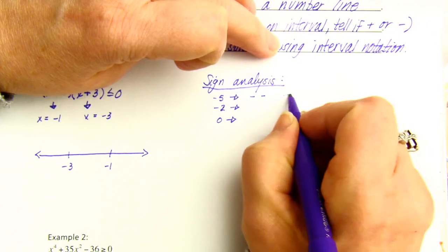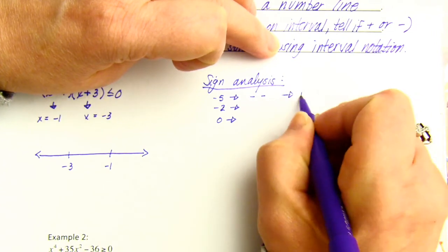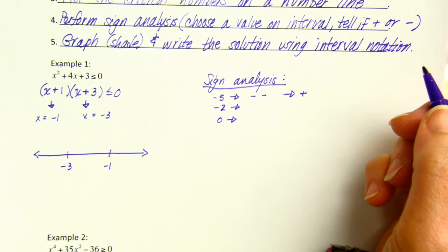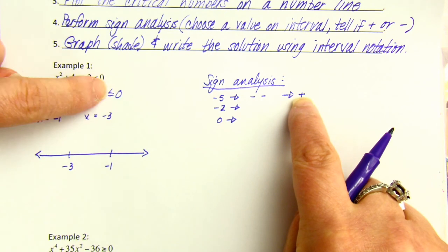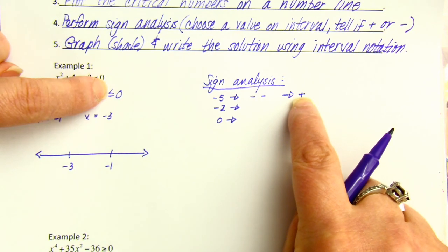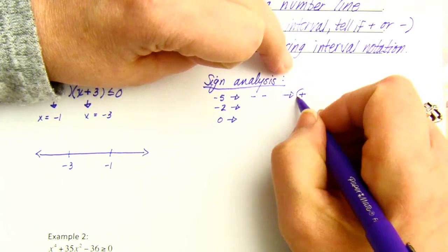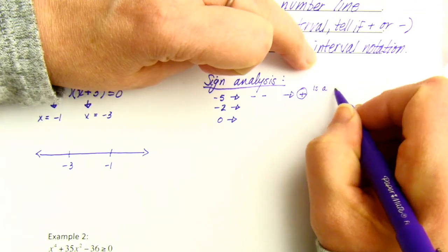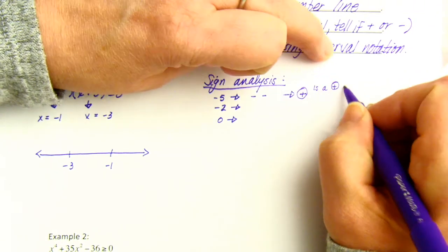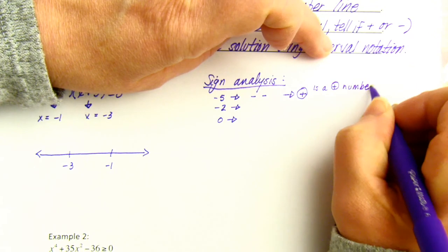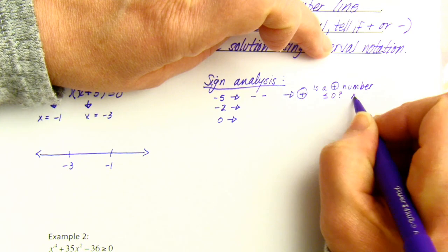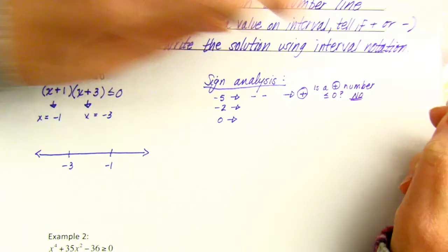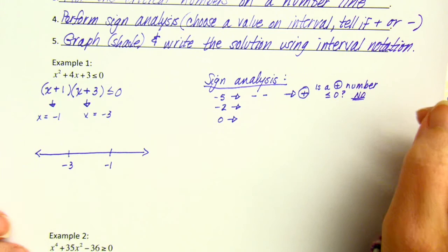The result here is positive, because a negative times a negative is a positive. Now you have to ask yourself, is a positive number less than or equal to 0? And we're like, no. I'm going to put that it was positive here.